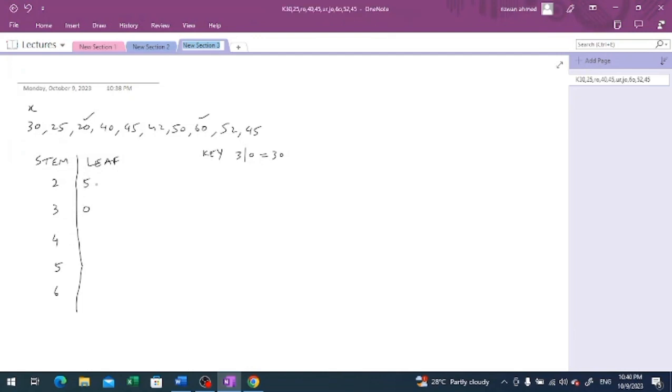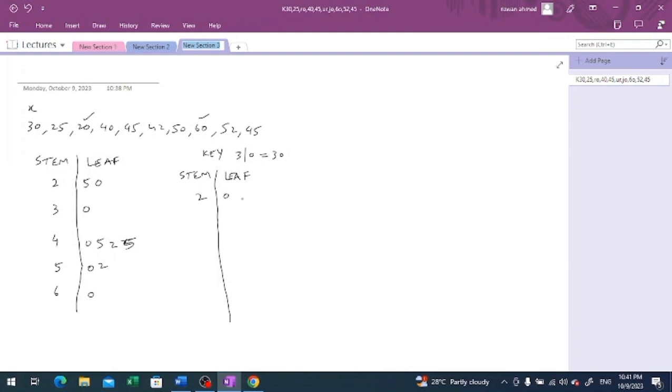So 25, 20, 40, 45, 42, 50, 0 of 60, again 52, and then for 45 here. Now, we need to copy this again, and we rewrite down numbers in each stem in ascending order.